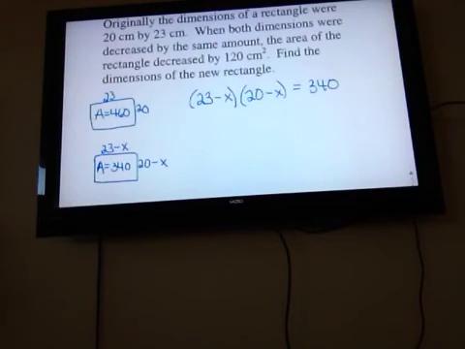This one's a tough one. So I FOIL and I get 460 minus 23x minus 20x plus x squared. And I'm going to have to bring the 340 over to get it equal to 0, so I'll go ahead and do that on that step.